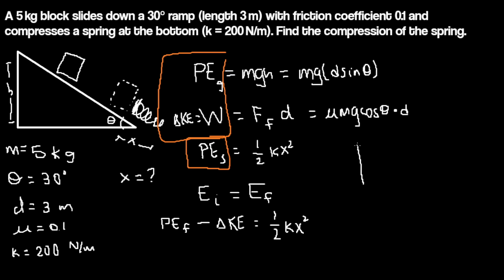So, as promised, let me explain this a bit more clearly. At the top of the ramp, we have our maximum gravitational potential energy. At the bottom of the ramp, we don't have as much gravitational potential energy. And that's because the work done by friction takes away from the energy. The work done by friction in this case is negative because friction points in the opposite direction from the direction that our block is moving.